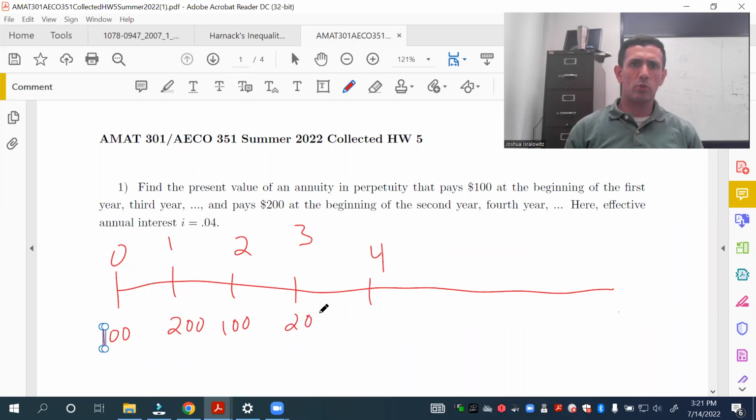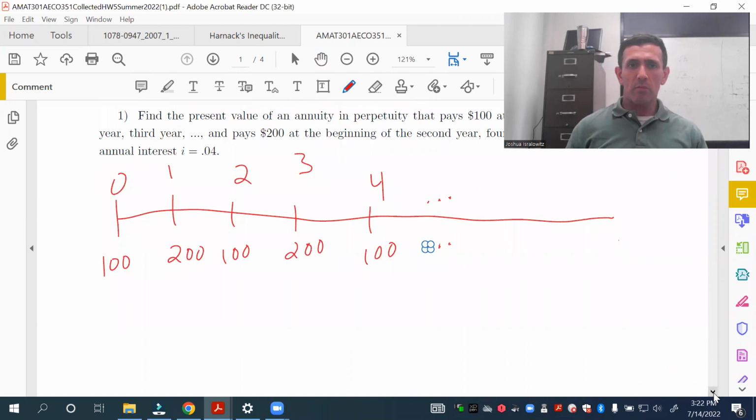I wasn't too harsh if you screwed that up, but you really should get used to what the beginning of the first year, beginning of any year means. The nth year is t equals n minus 1 to t equals n.